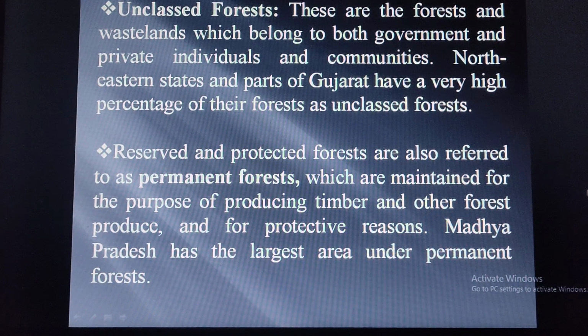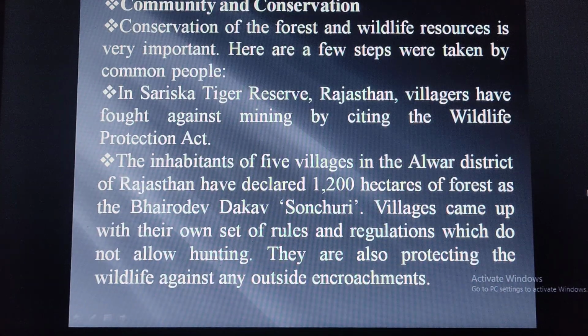Next, reserved and protected forests are also referred to as permanent forests, which are maintained for the purpose of producing timber and other forest products and for protective reasons. Madhya Pradesh has the largest area under permanent forest.